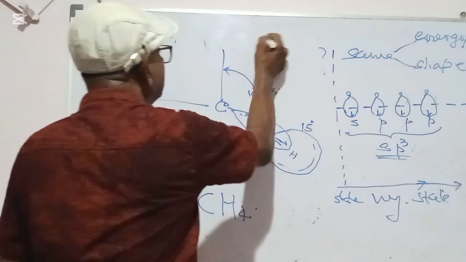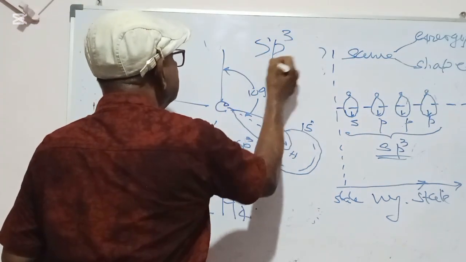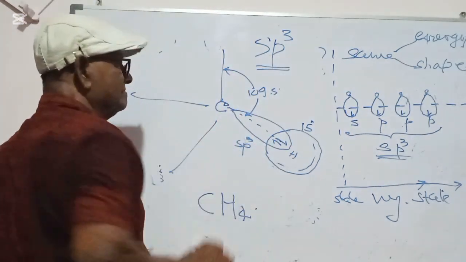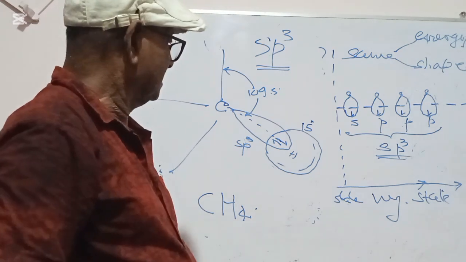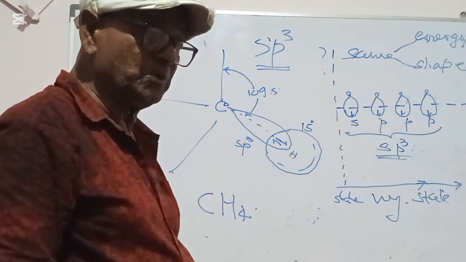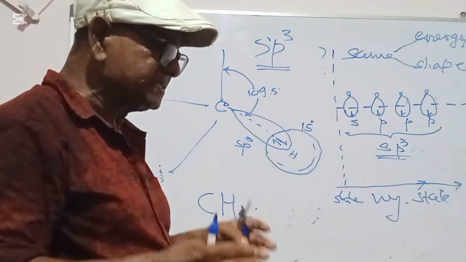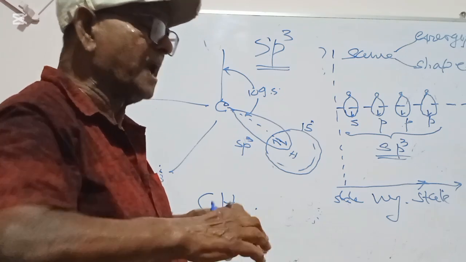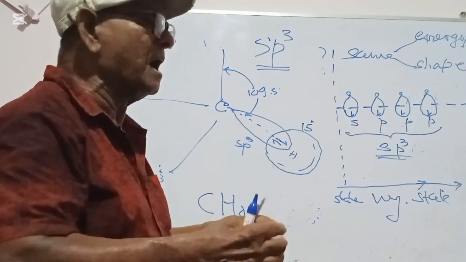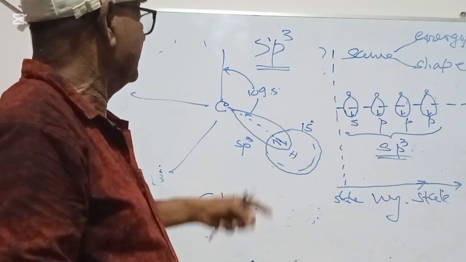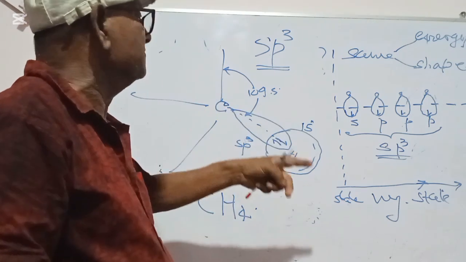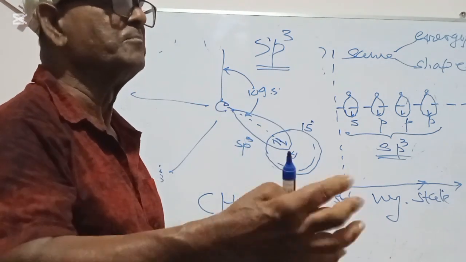It is the sp3 hybridization. Today I explained what hybridization is, how it happens in the carbon atom, and I explained it with the formation of a molecule also.